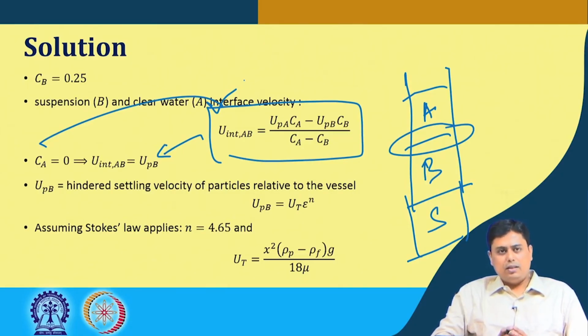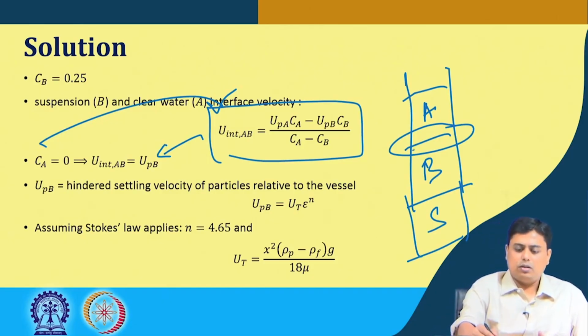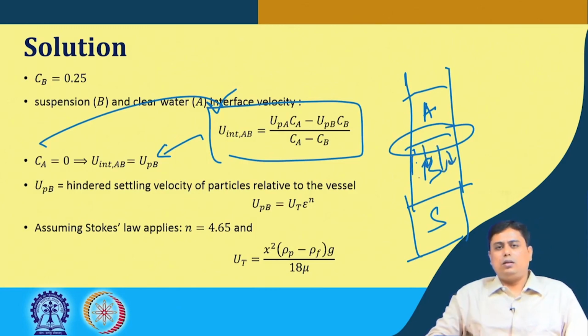This UPB is basically nothing but the hindered settling velocity of particles relative to the vessel wall, because the settling velocities here in zone B are affected by the presence of multiple particles. So, it is the hindered settling velocity.